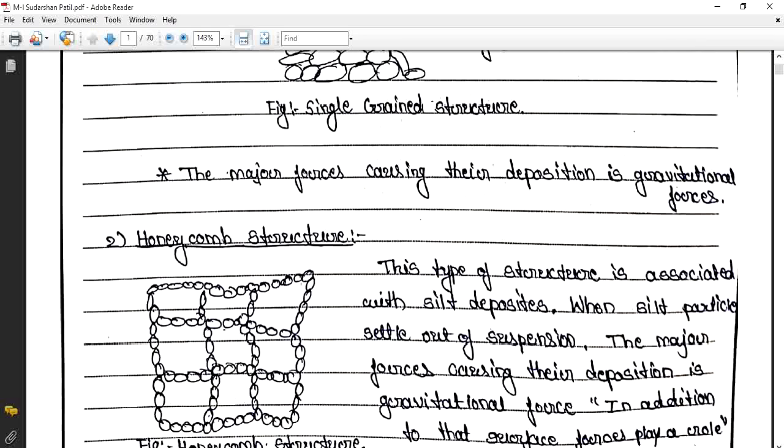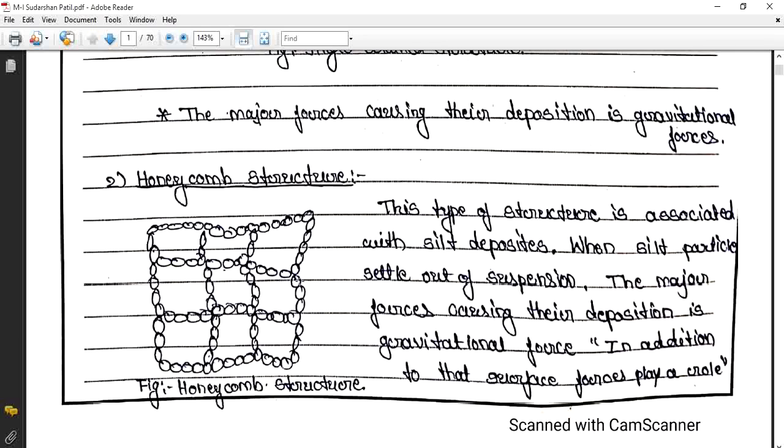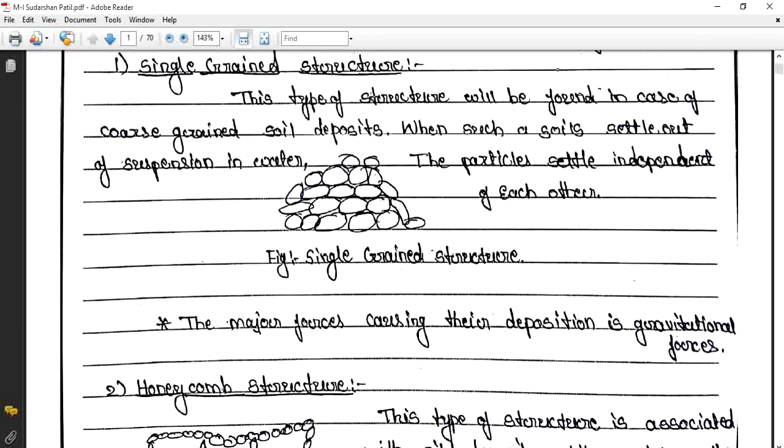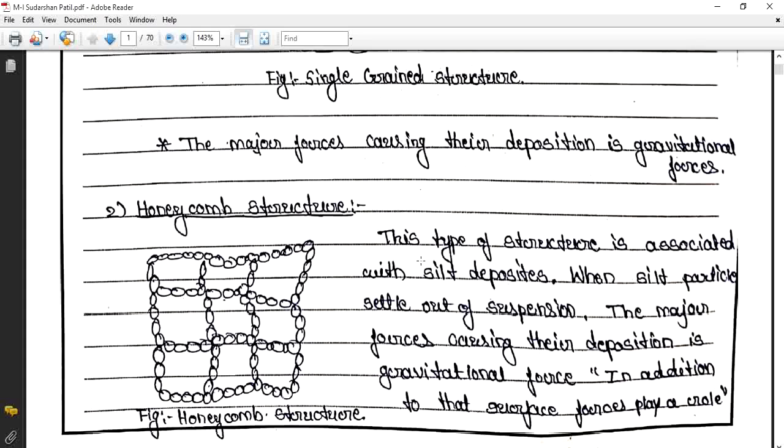Further, you can see the honeycomb structure. This type of structure is associated with silt deposits. Initially, single grained structures are associated with coarse grained soils, and these are associated with silt deposits.